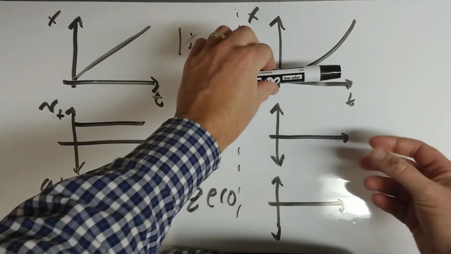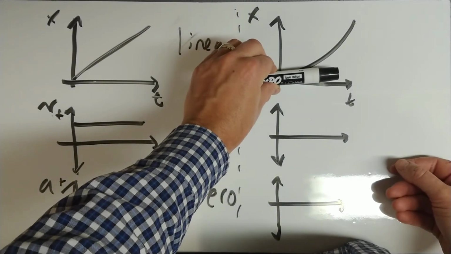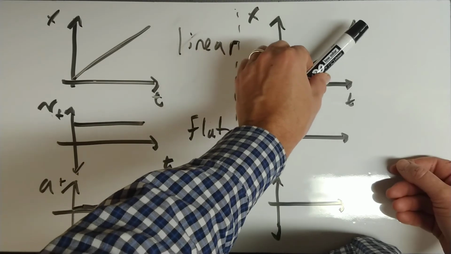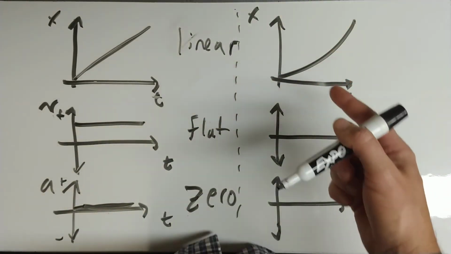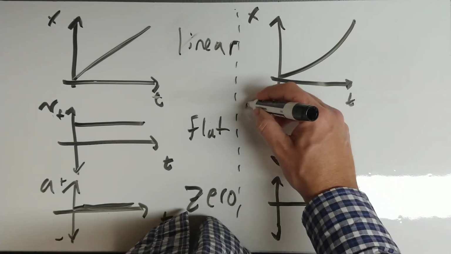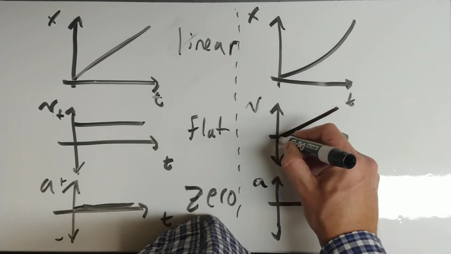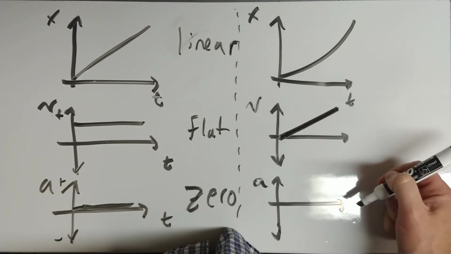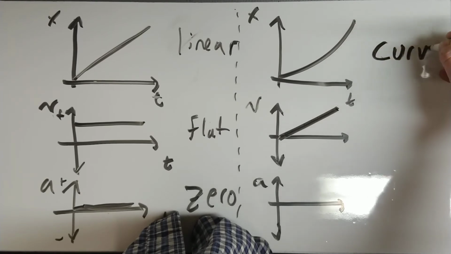We start off with a low slope, basically 0 slope, and as time goes on, the slope of the position versus time graph gets steeper, gets more positive. Therefore, what we have is an increasing velocity. So this one's curved now.